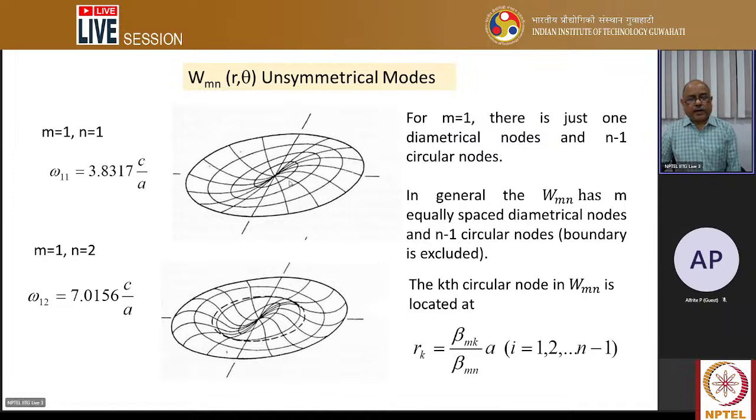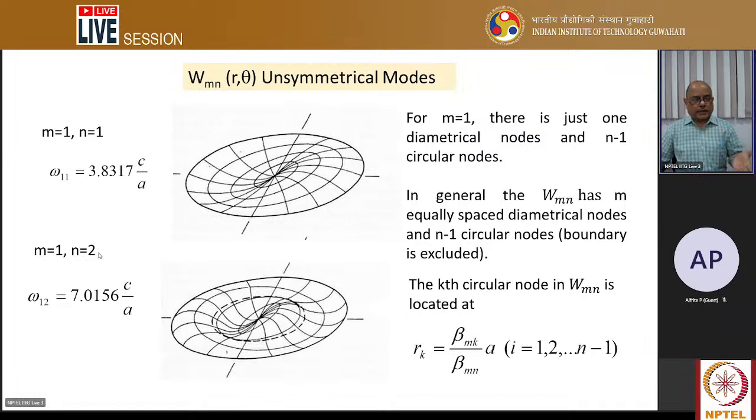And then you can find that for m equal to 1, there is just one diametrical node, and n minus 1 circular nodes. And for that, there will be no circular node because n is equal to 1. So the natural frequency omega 11 can be found as 3.8317 c by a.